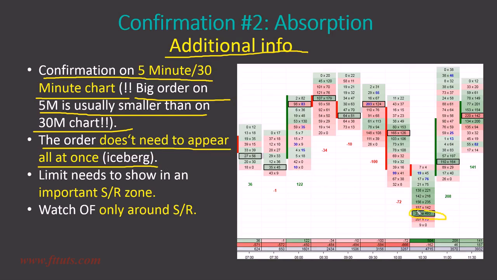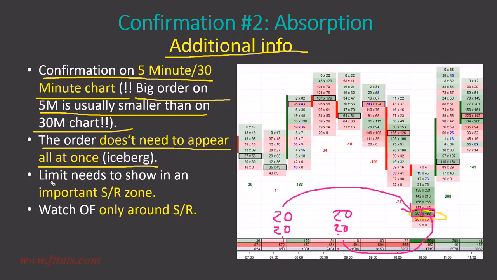So for example, in here, this high volume node could be created like this: there could be 20 on bid, 20 on ask, then another 20 on bid, 20 on ask, and it would continue like that until the bid was 203 and the ask 493. And this could happen within, for example, half an hour or 15 minutes.